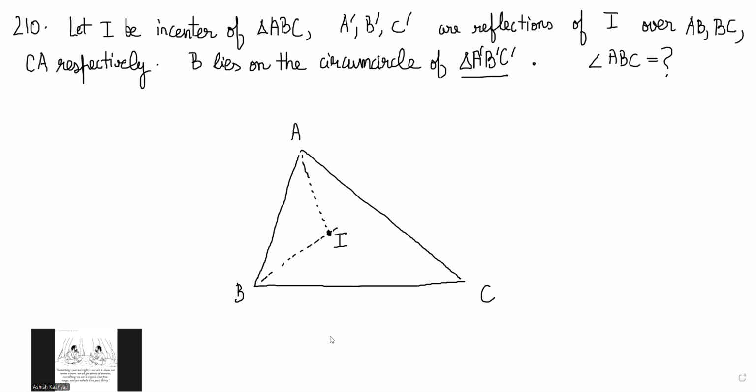Incenter is reflected on all the sides. So about this would be called A dash. And then perpendicular from here and about this here would be somewhere B dash. And perpendicular from here is my C dash. So okay, so this line is 90 degree.